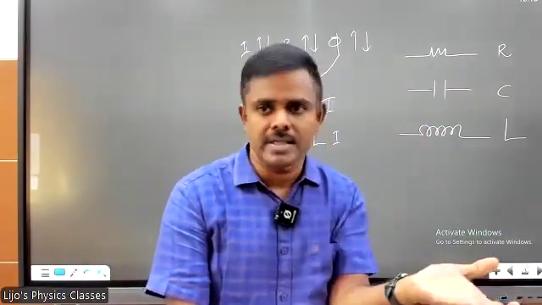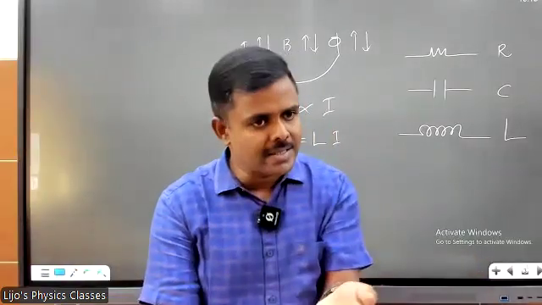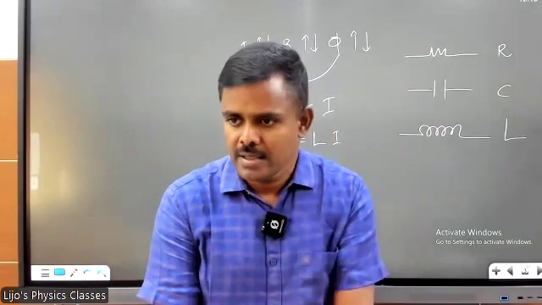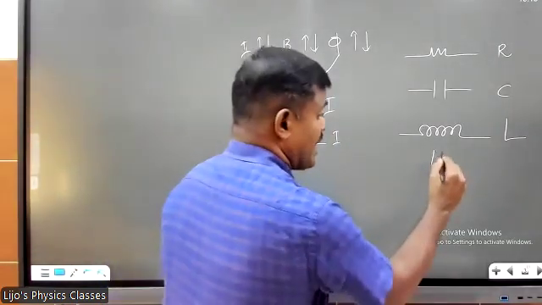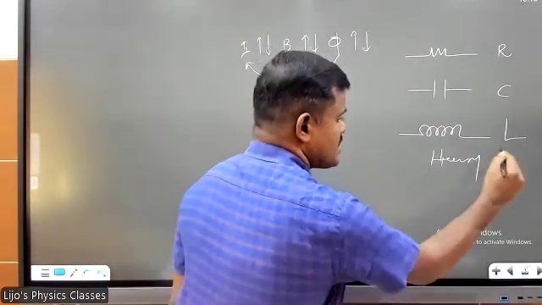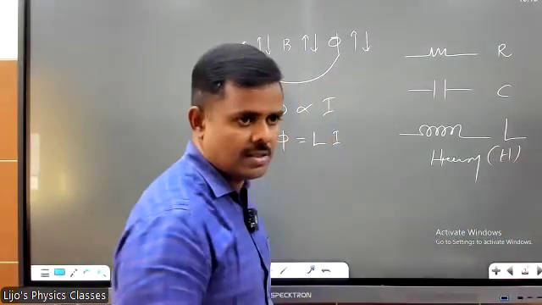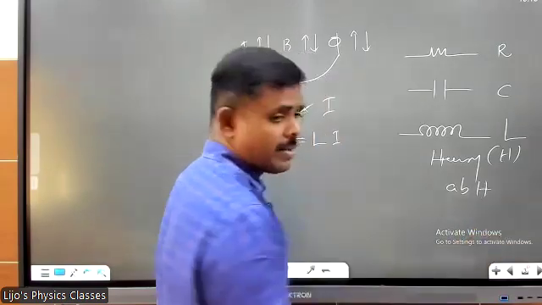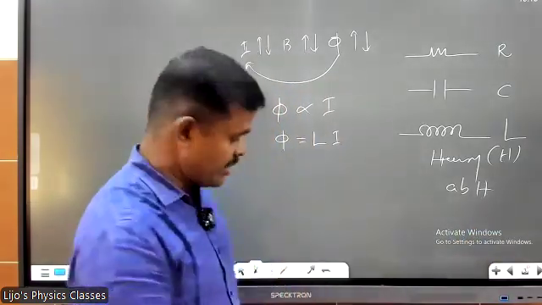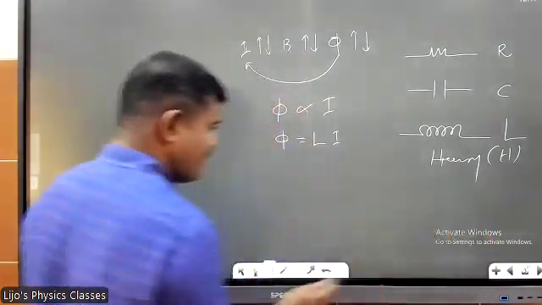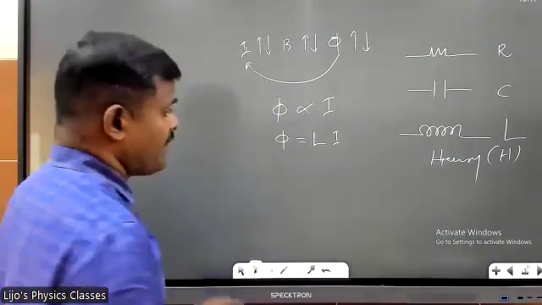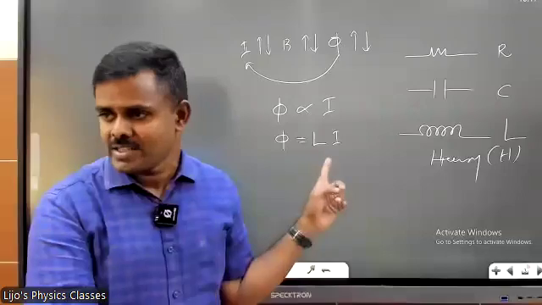A coil always has an inductance. The unit of inductance is Henry, abbreviated as H. There is a CGS unit called absolute Henry, but that is not used these days. We have only Henry for the time being. So this is the self-inductance of a coil.